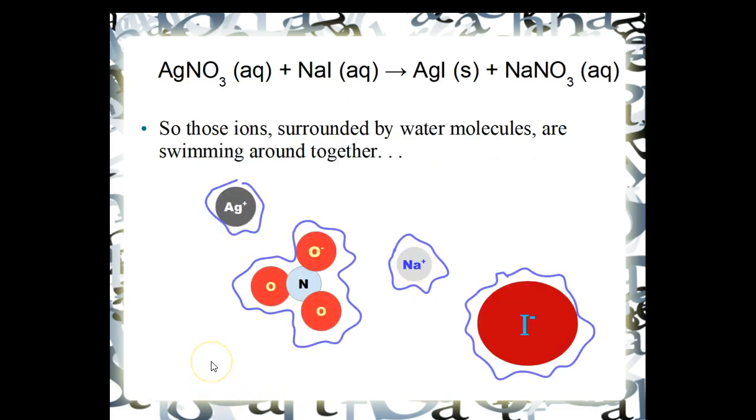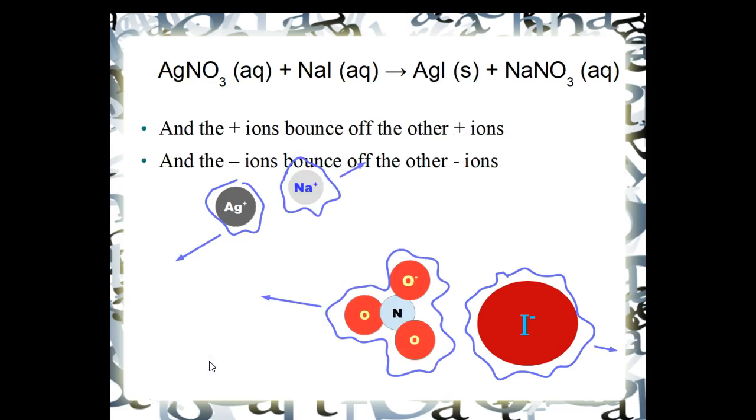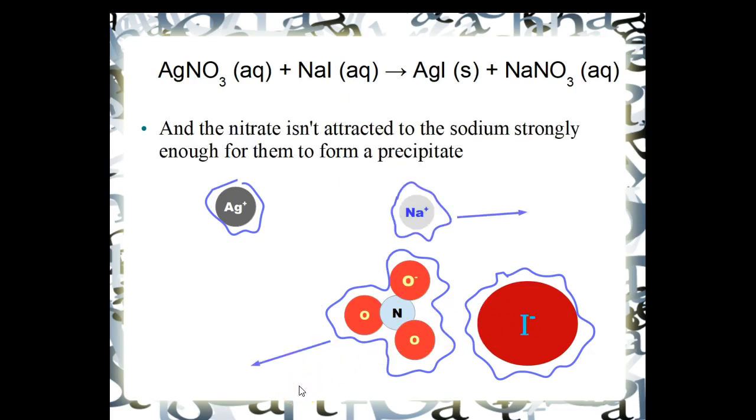And you can magnify it and it kind of looks like this. The blue squiggly lines are the water molecules that surround them. And the cations bounce off the other cations up here, and the anions, negative ions, bounce off the other negative ions. Moreover, the nitrate ion is not attracted enough to the sodium ions to form a precipitate. They just move around the solution.